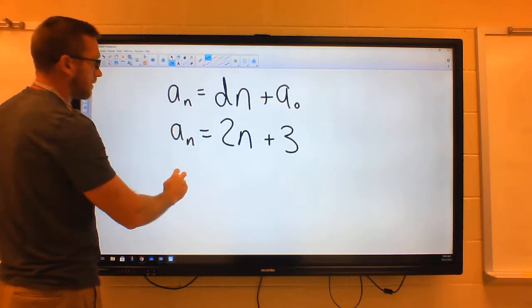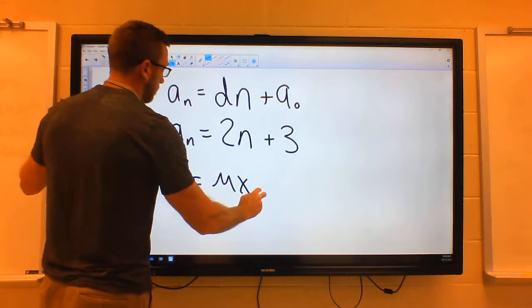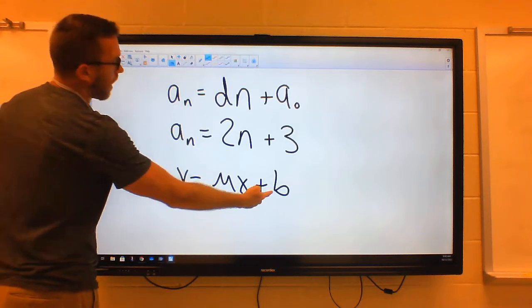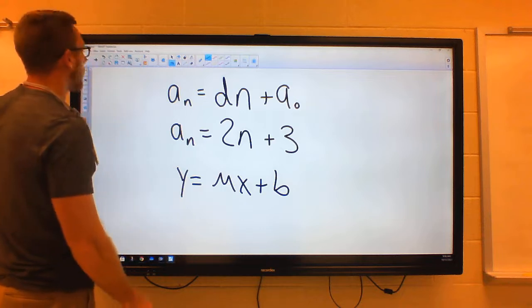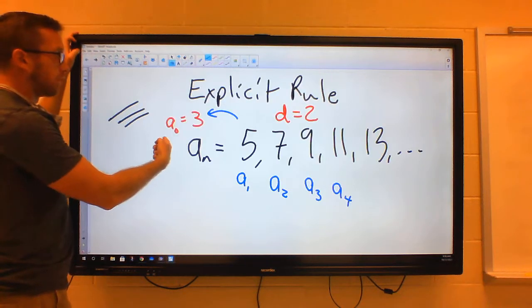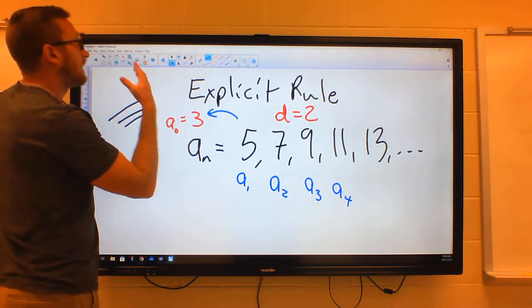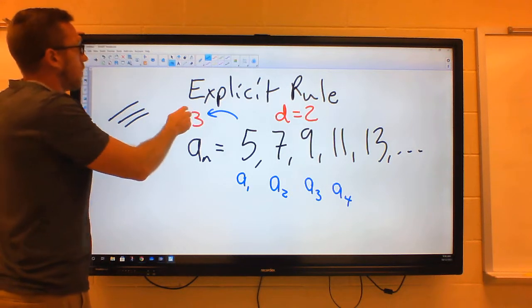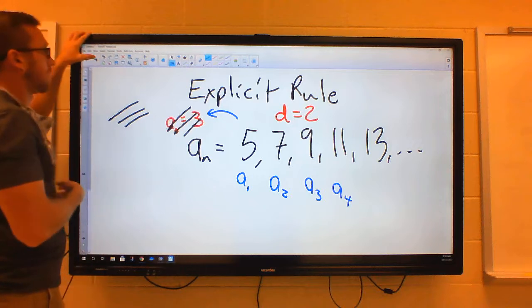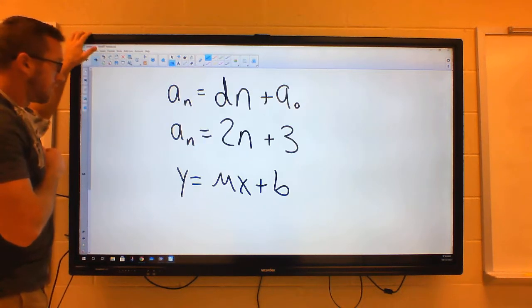This very much models the y equals mx plus b scenario, where we have our y-intercept, which is when x is 0, or our input would have been 0. Remember, sequences just start with an input of 1, but we could see what would have happened if we looked at the zeroth term, if there was such a term.